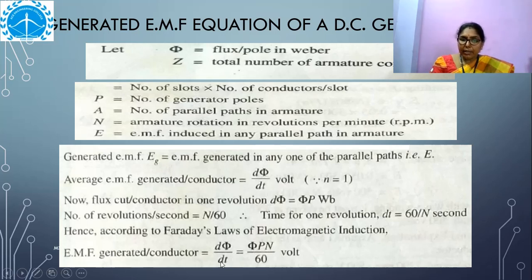So here we are substituting dt equal to 60 by n. So here n will go to the numerator, and in the denominator we have 60. So finally the EMF generated per conductor is phi P n by 60 volts. Then let me again tell you what is phi, flux per pole, what is P, number of poles, and what is N, revolutions per minute.